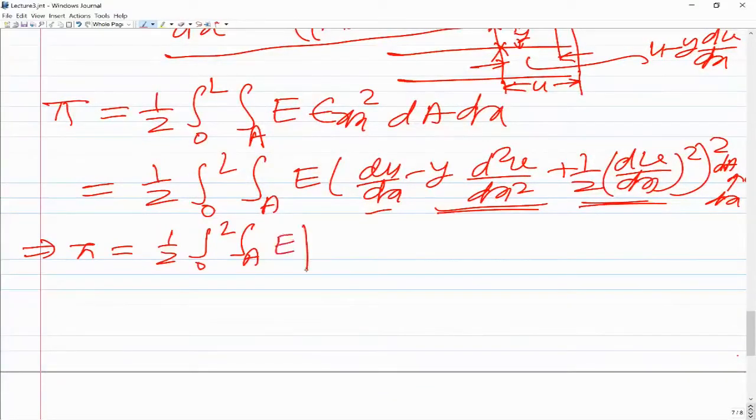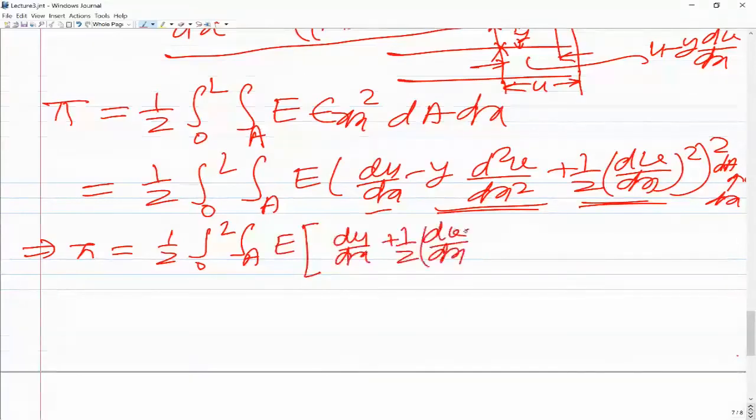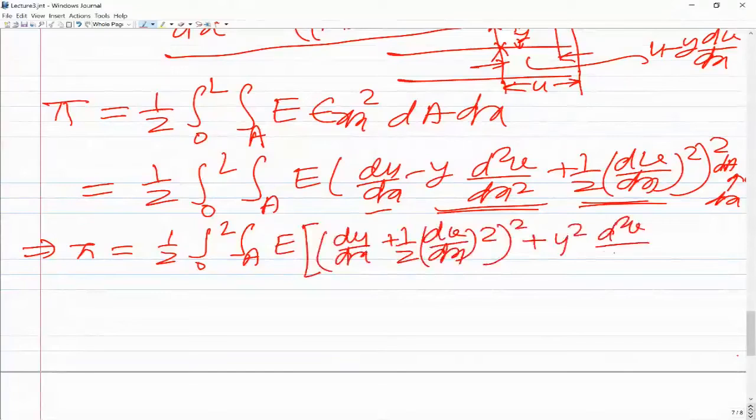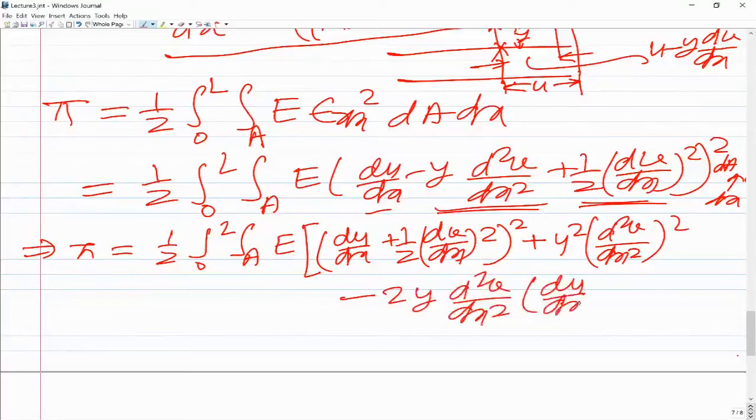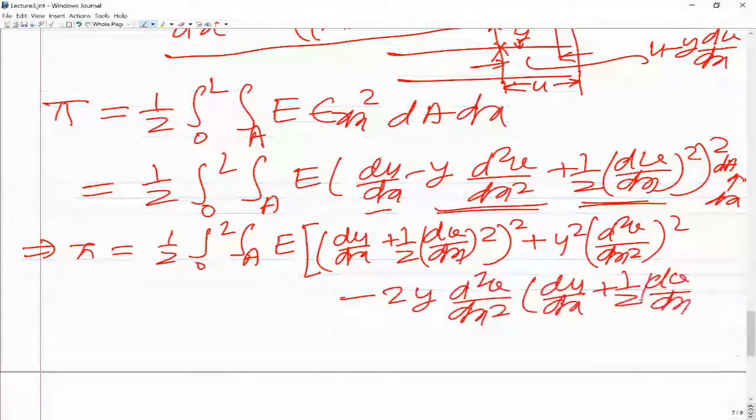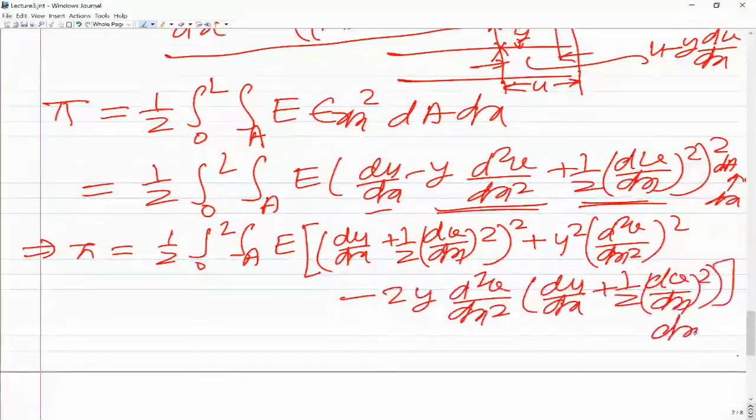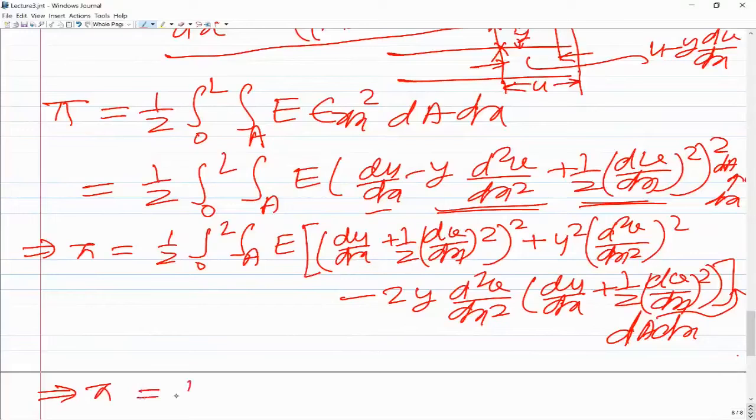So I can write this whole thing as E into the square of two terms: du by dx plus half of dv by dx whole square, the square of this, that is one term, plus the square of the second term, y square into d2v by dx square whole square, and then minus twice of y into d2v by dx square into du by dx plus half of dv by dx whole square, with dA dx. Is this clear?